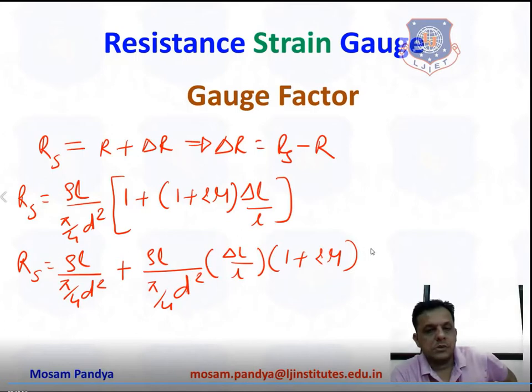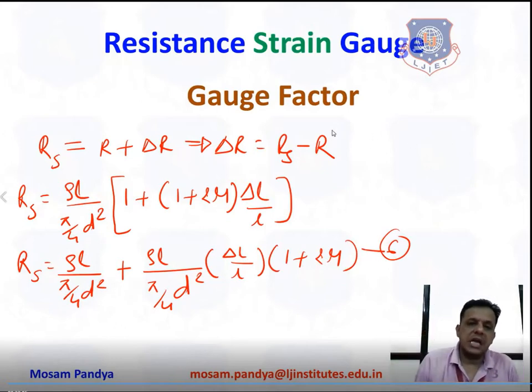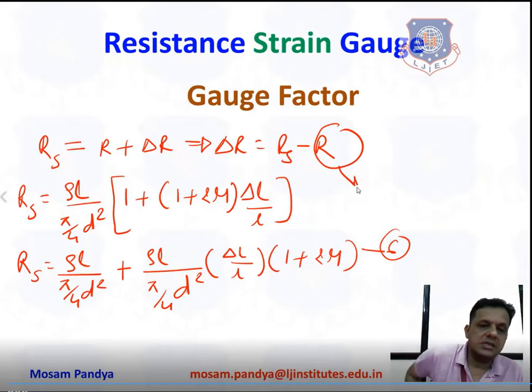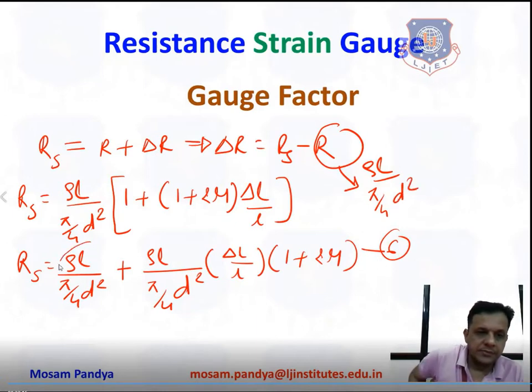So I have just rearranged the equation, and please watch very carefully what we are doing here. Now what is R? That is rho L upon pi by 4 d square. So look at the first term in the equation of RS.